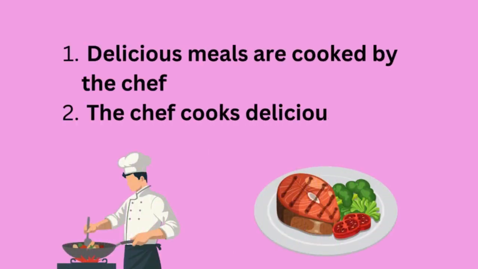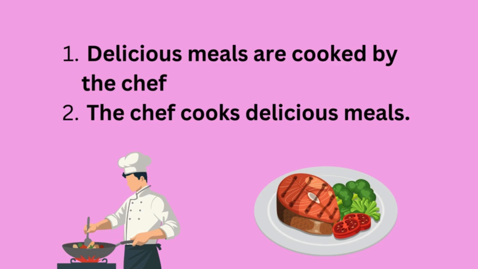Delicious meals are cooked by the chef. The chef cooks delicious meals. Which one is the passive voice? Correct. The first one. Delicious meals are cooked by the chef. Why? The second one is the active voice, and then the first one is passive voice.